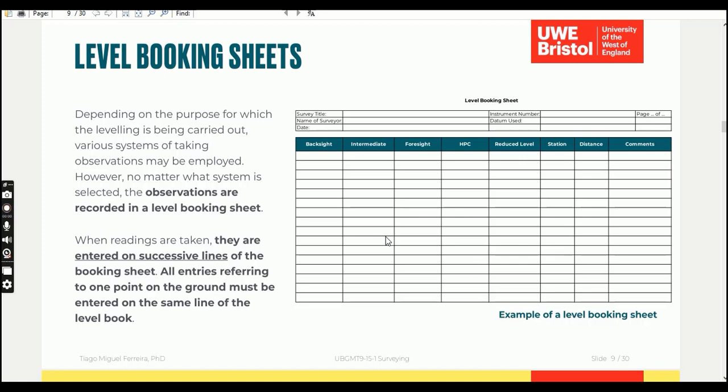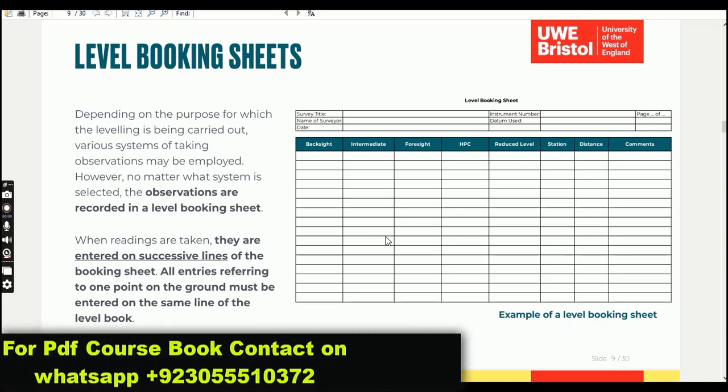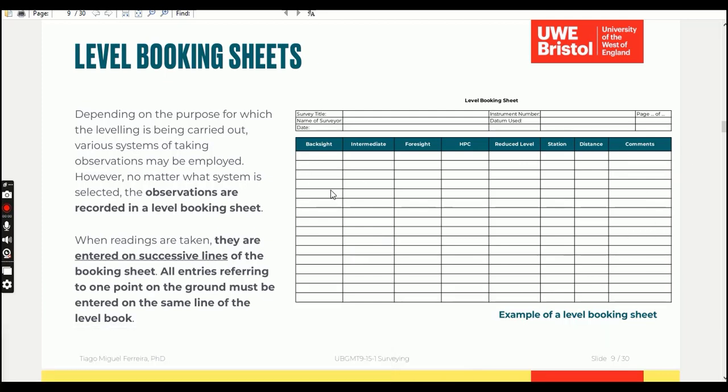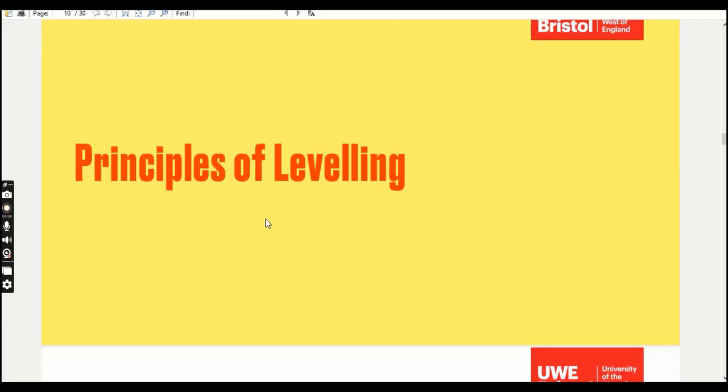When readings are taken, they are entered on successive lines of the booking sheet. All entries referring to one point on the ground must be entered on the same line of the leveling book. So you can put comments to remember the positions of points later.